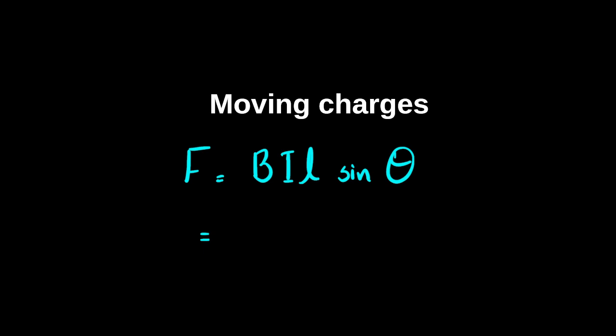And again, if we just follow what we just discussed, B is the magnetic flux density, I, the current, can be written as the rate of flow of charge over time. So it's Q over T, and this is some length. And this right here is not the length of the conductor. Instead, this is some length through which the charge moves. And then you have sine theta as it is.